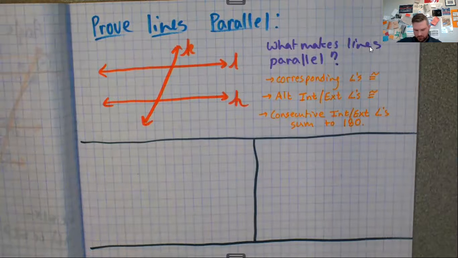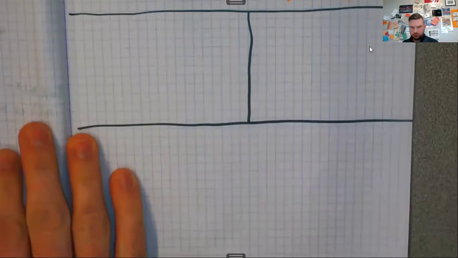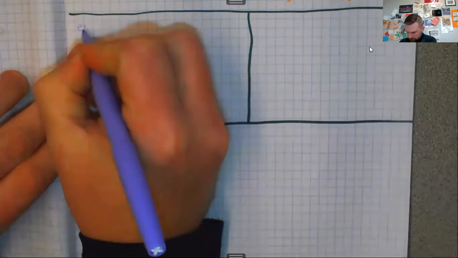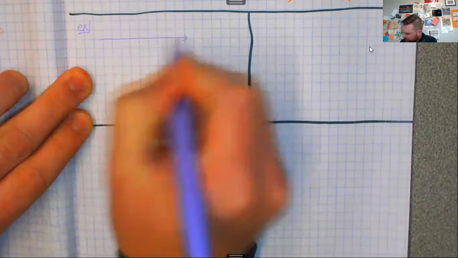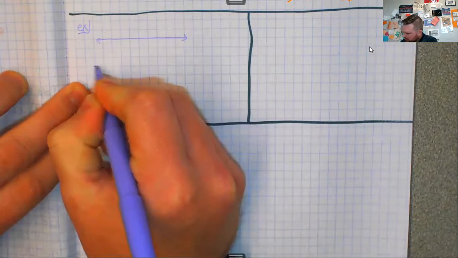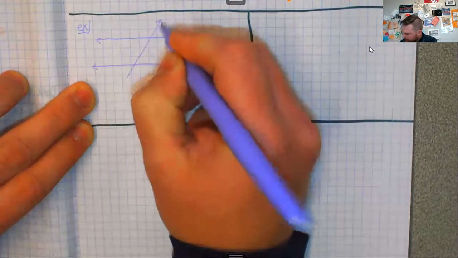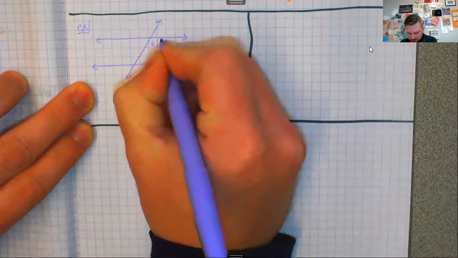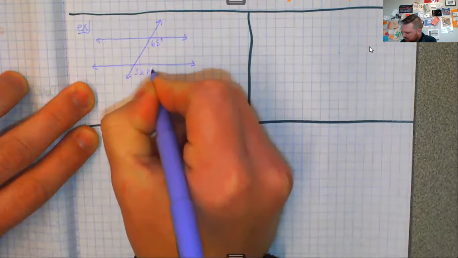All right, example 1. So we got this line, and this line. This angle here is 65 degrees, and this angle here is 3x plus 5.